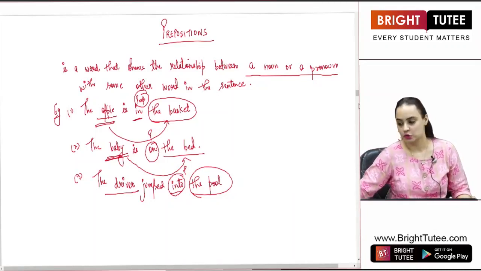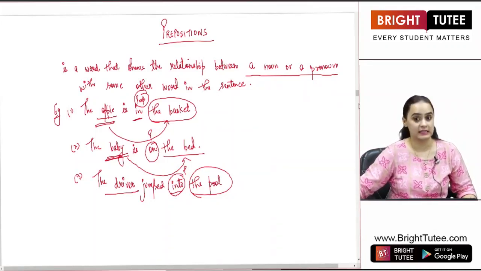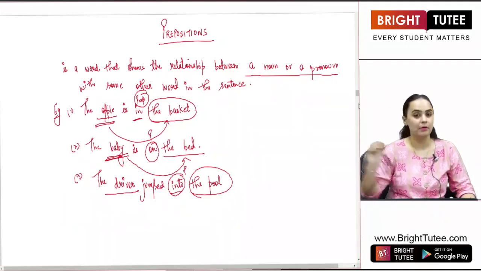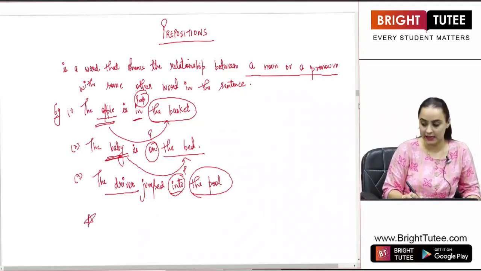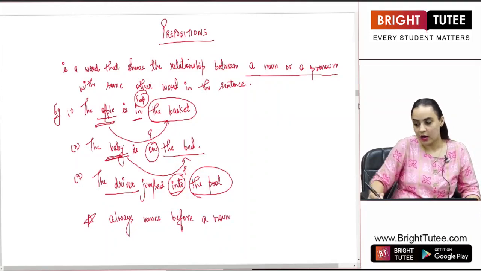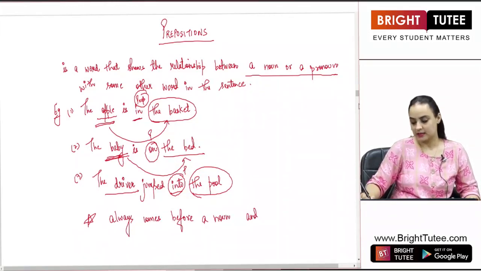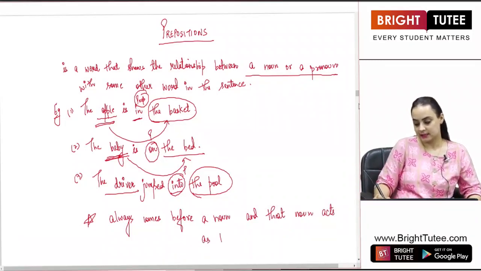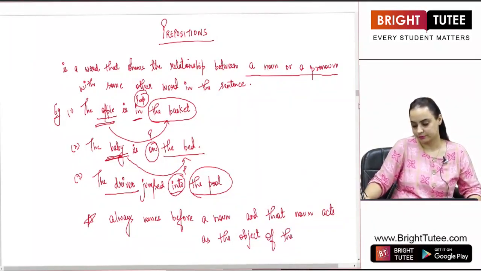Now, prepositions are of various types, but the most important thing that we ought to remember about a preposition is that it always comes before a noun, and that noun before which it is coming acts as the object of that preposition.